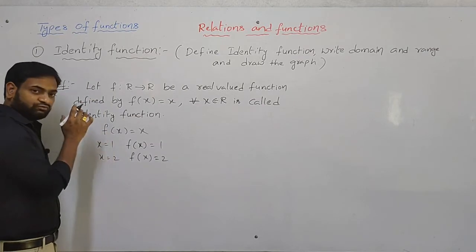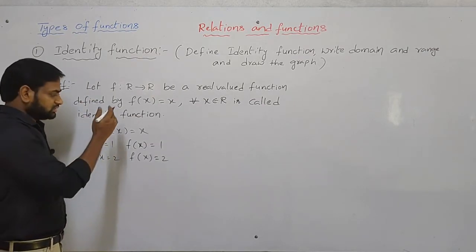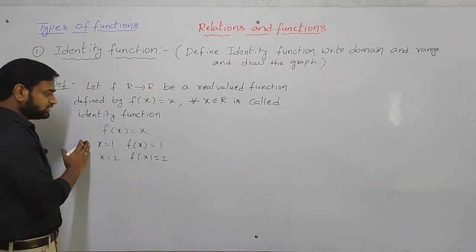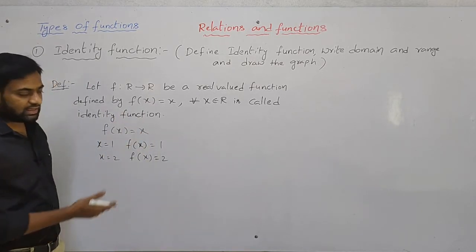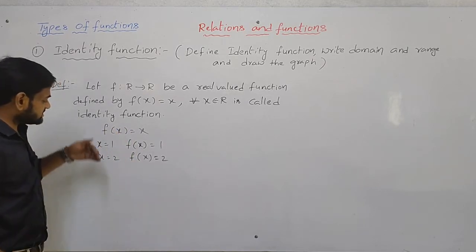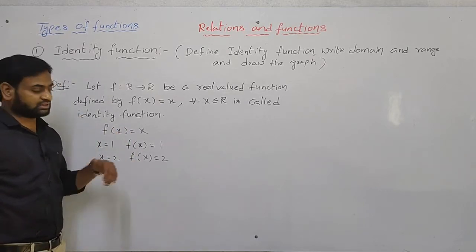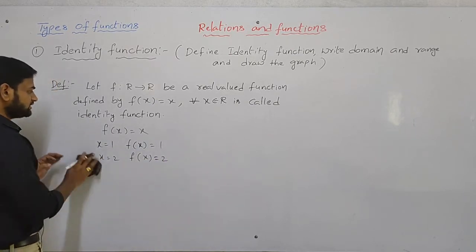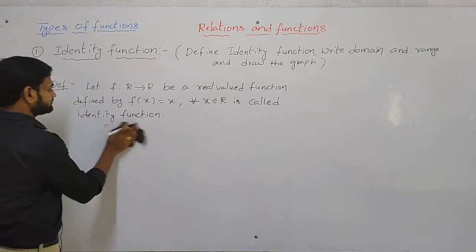So if you take any value, the answer is the same value. If x is 1, f of x is also 1. If x is 2, f of x is also 2. Suppose x is 500, then f of x is also 500. That is the identity function.